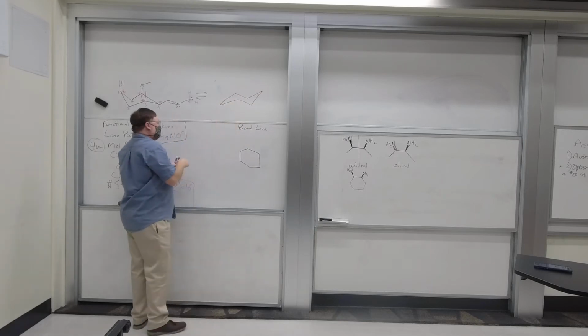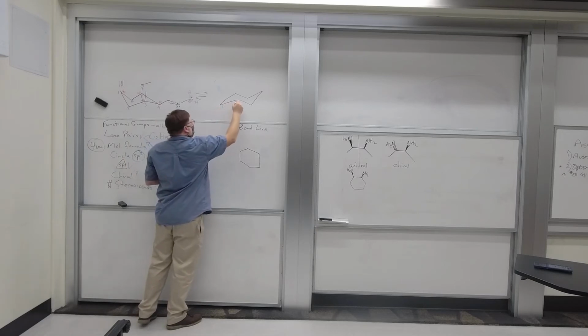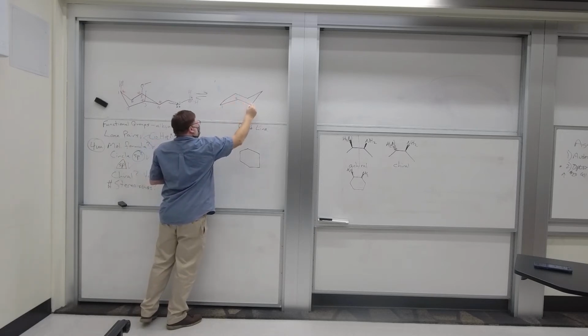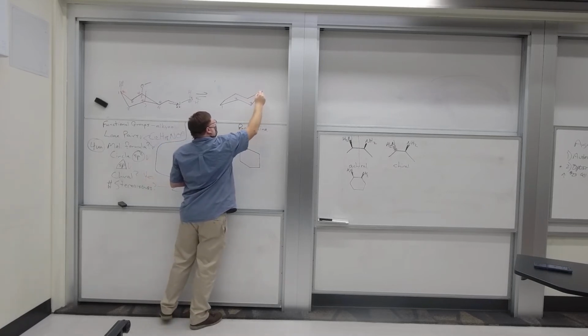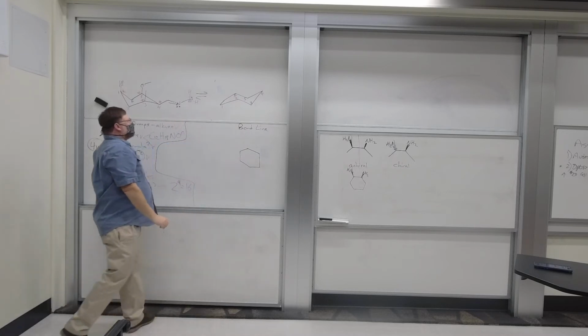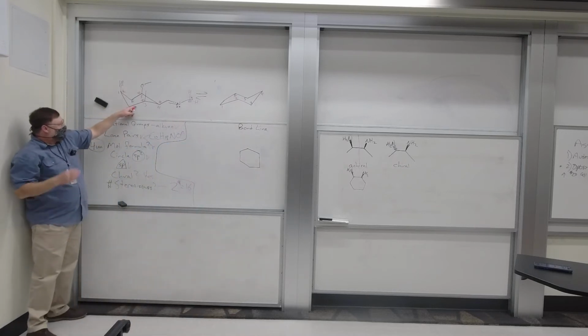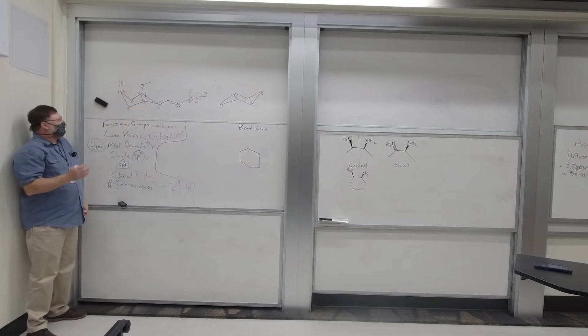All right, I'm going to number these carbons. I'm going to put the numbers in exactly the worst spot. So there, 2 and 3 stay in the front, 5 and 6 stay in the back, 1 and 4 stay in the plane, 4 goes up, 1 comes down.